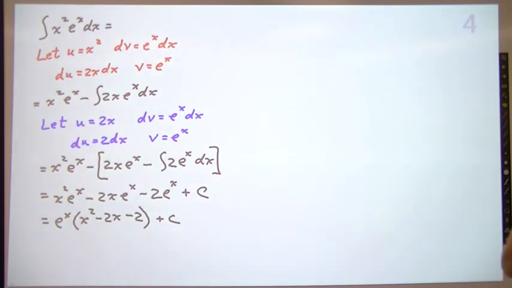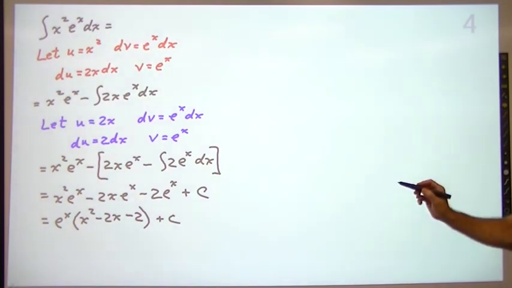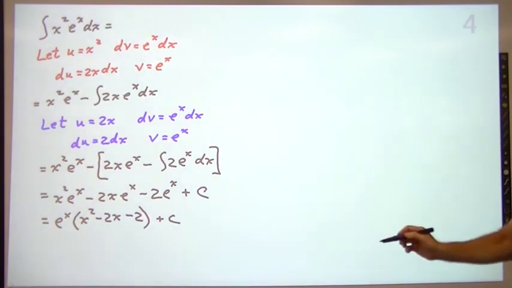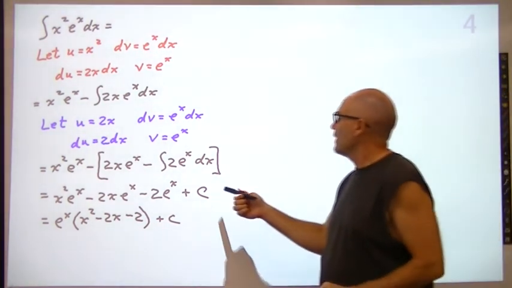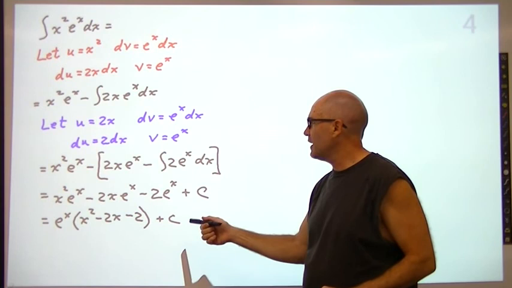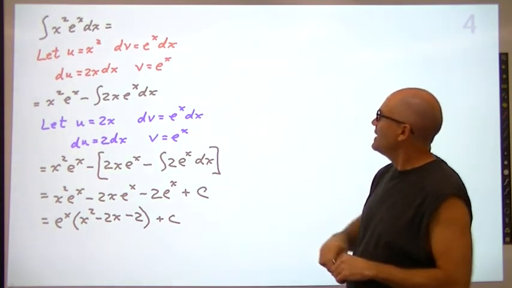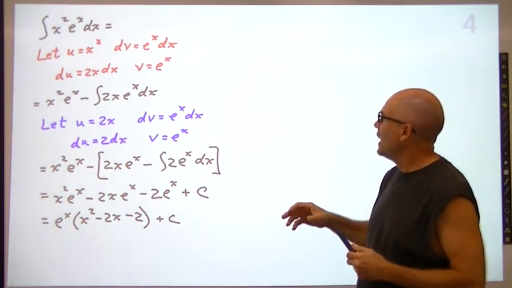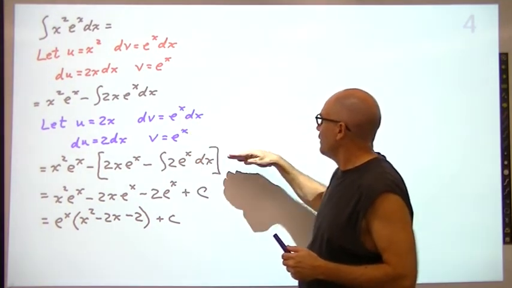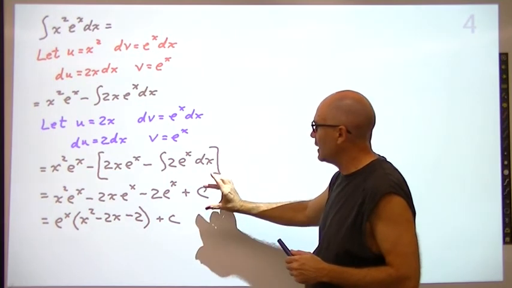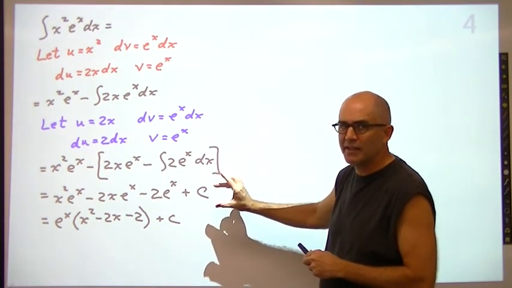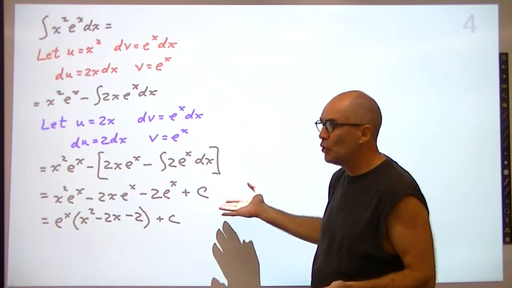So we've got x squared e to the x minus 2x e to the x plus 2e to the x plus c. Now, remember, the c is a random constant, so technically speaking, when I did the first integral here, there should be a plus c here, and then when I do the second integral, I'm going to have a second constant, which could be c sub 2.